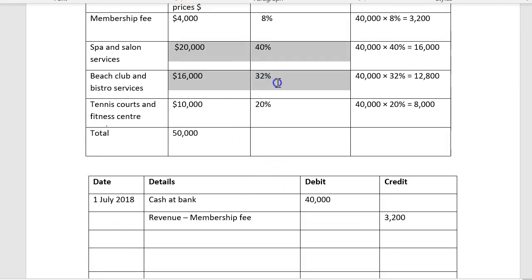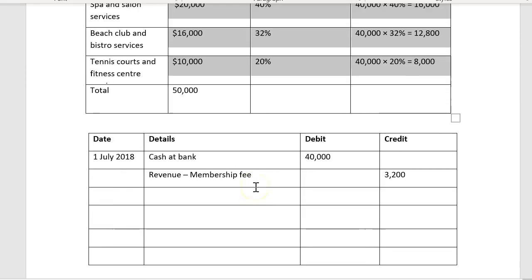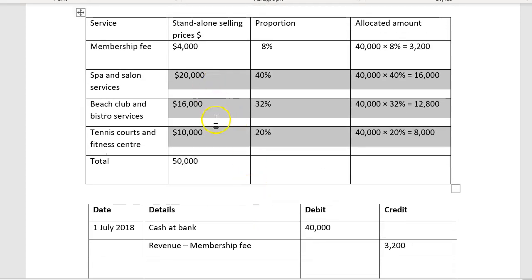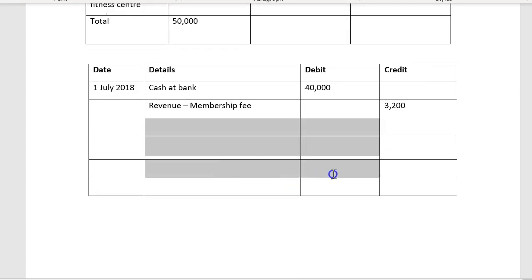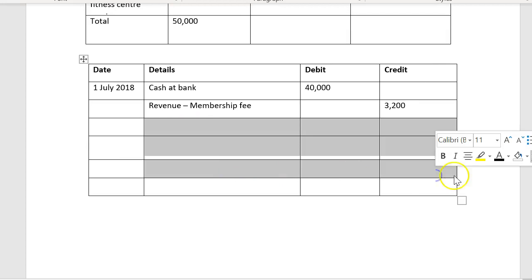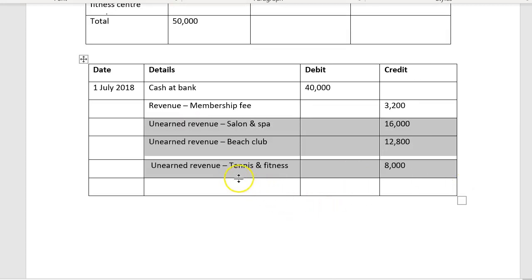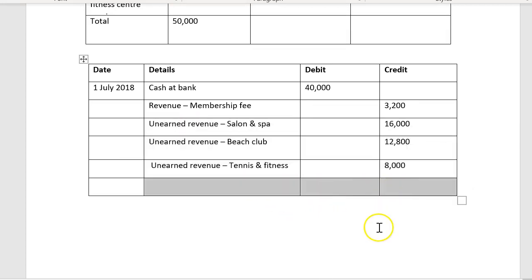And these services can only be recognized as revenue at the end of the year. So at the inception, these 3 services are not earned. They are recognized as unearned revenue. There you go.